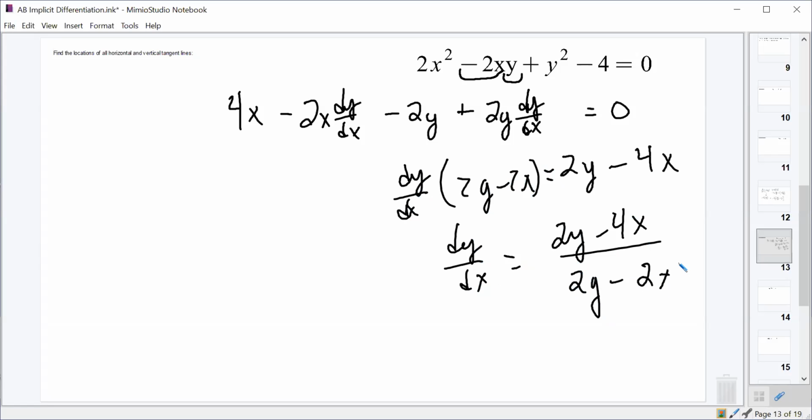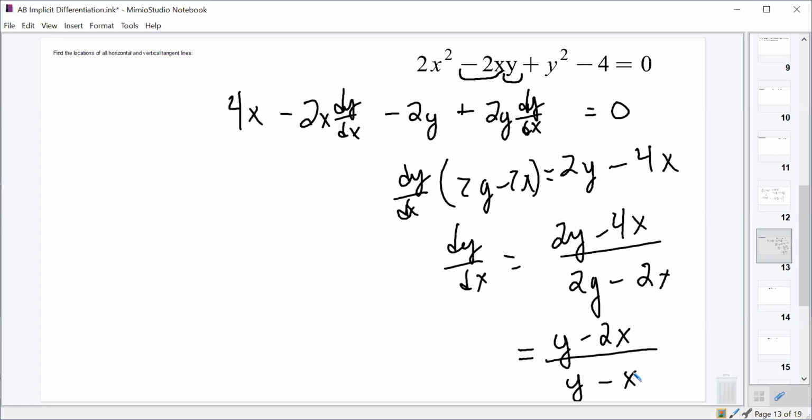So far, so good? Yep. All right, and just because why not make it a little bit easier, I'm going to divide everything by 2. So we got y minus 2x over y minus x.